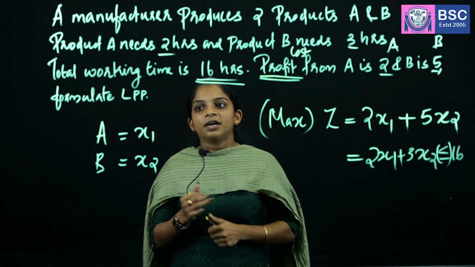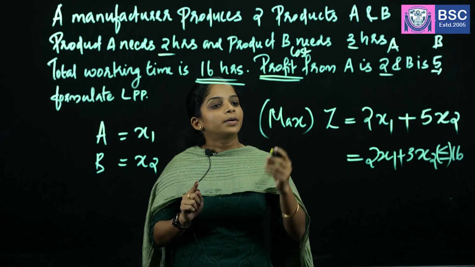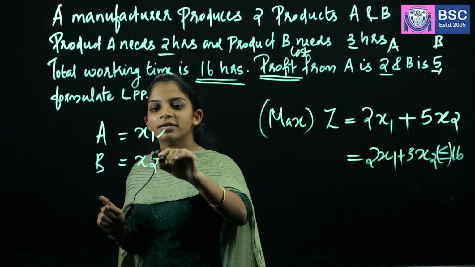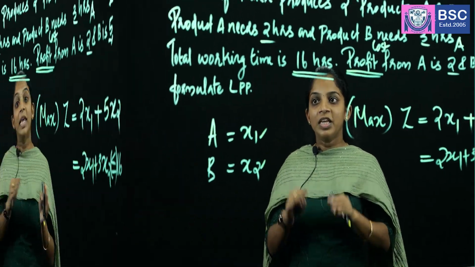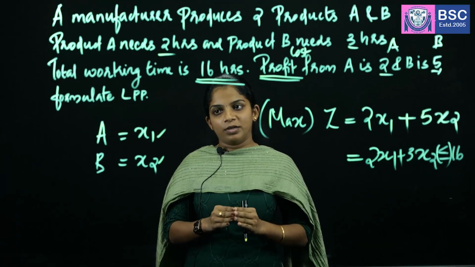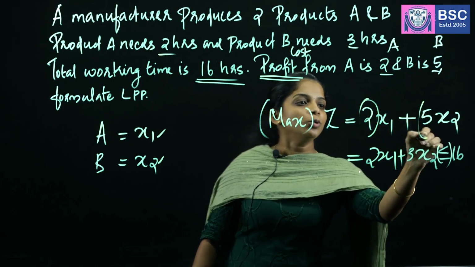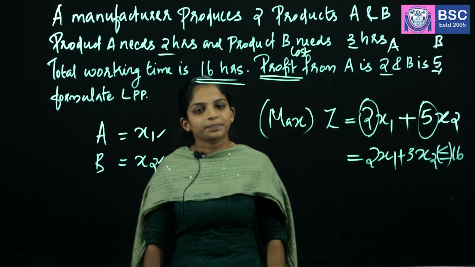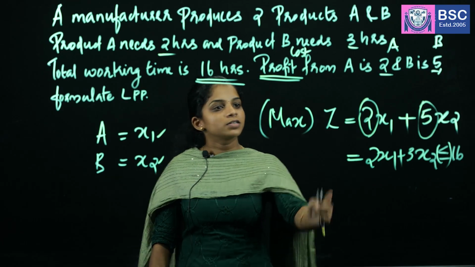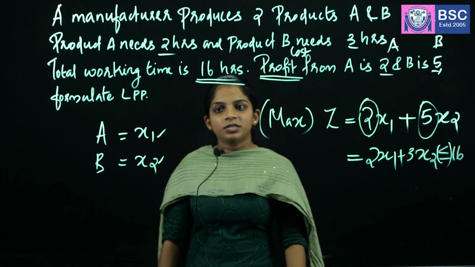And I just mentioned earlier, these variables, x1 and x2, are the variables in this problem. These should not be negative values. Negative values in the sense A should not be a negative value. Here it is 2 and 5 and 2 and 3. It is not negative.